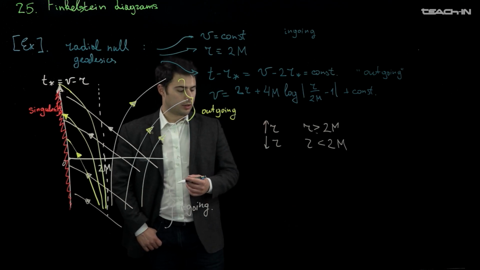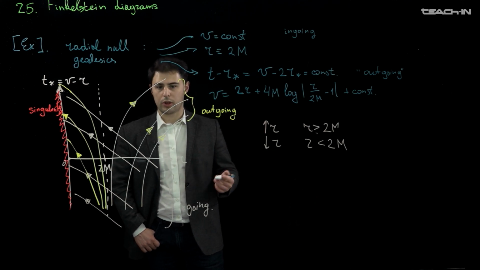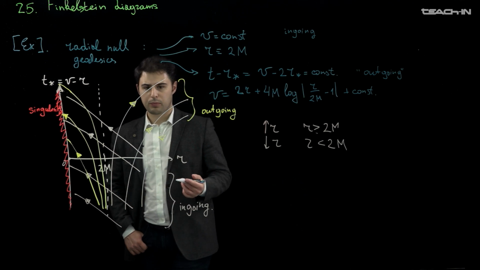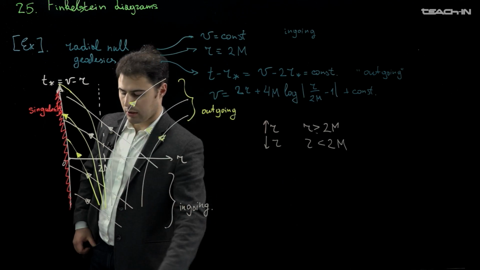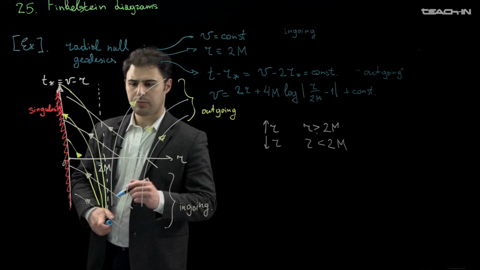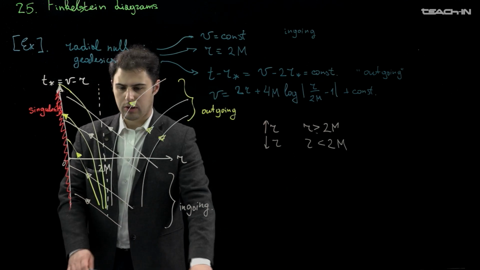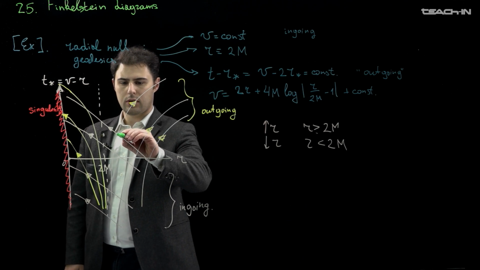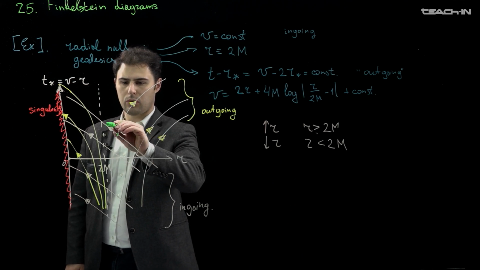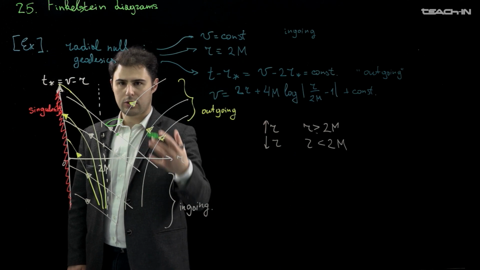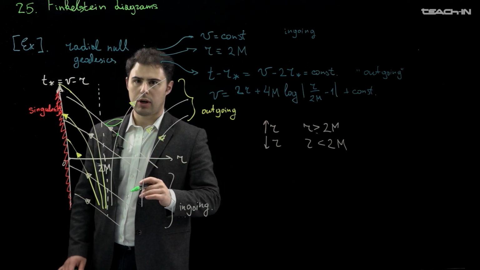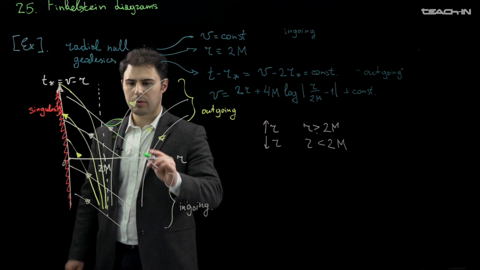So what happens with the general time-like curve? Let's draw the light cones. The light cones are formed by the two null directions.